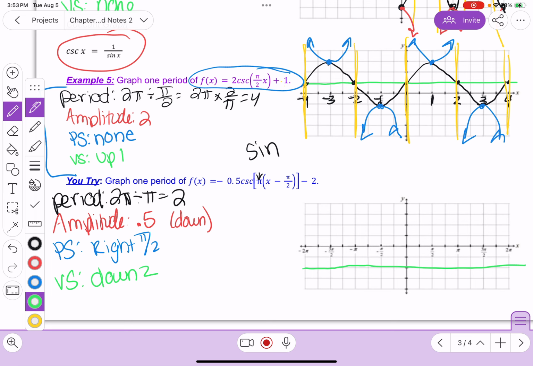So 2 pi divided by pi. All right, it's 2. We're shifting right, pi over 2. So we're going to change these to 1, 2, 3, 4, negative 1, negative 2, negative 3, negative 4.